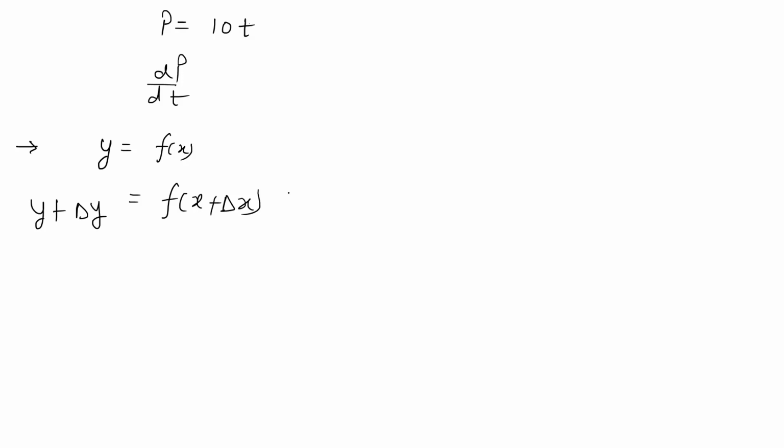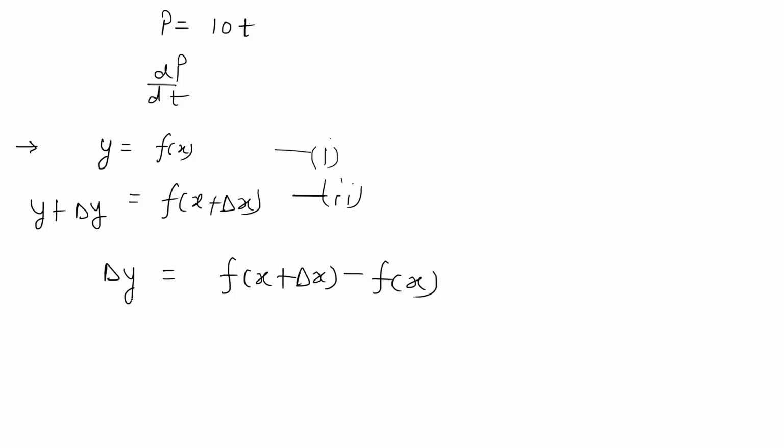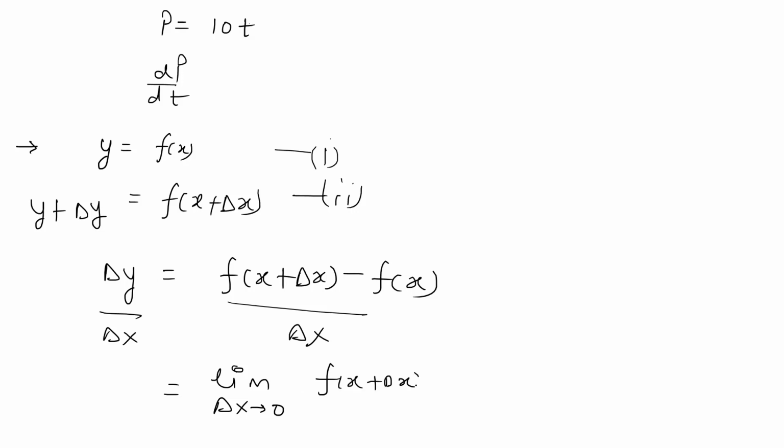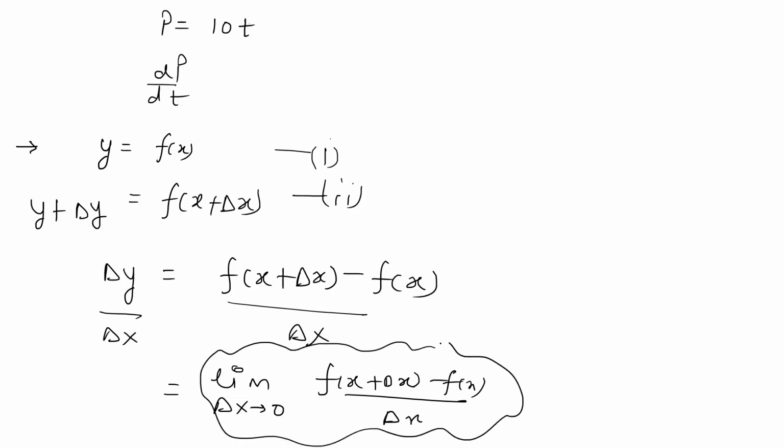This is equation one and this is equation two. Subtract equation 1 from 2, and this is del y equal to f(x plus del x) minus f(x). Divide by del x, and put the limit del x tends to 0, f(x plus del x) minus f(x) upon del x. It gives df(x) upon dx.